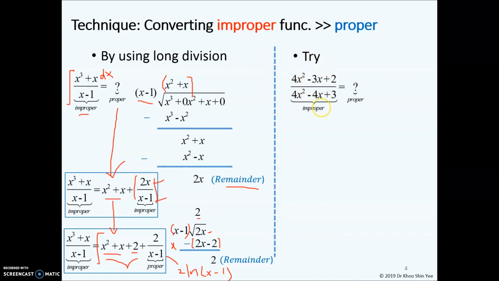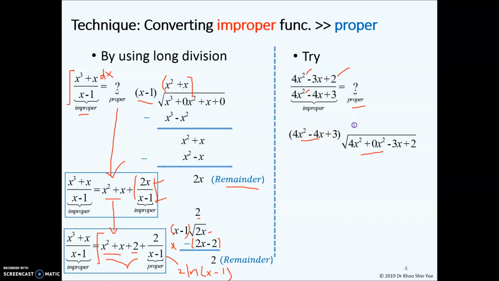As you can see, this is an improper function where you have a degree equal to 2 at the top and degree 2 at the bottom. So we want to convert to proper function. We have to use the long division. So in this case, we put the top inside here and the bottom, which is the factor.